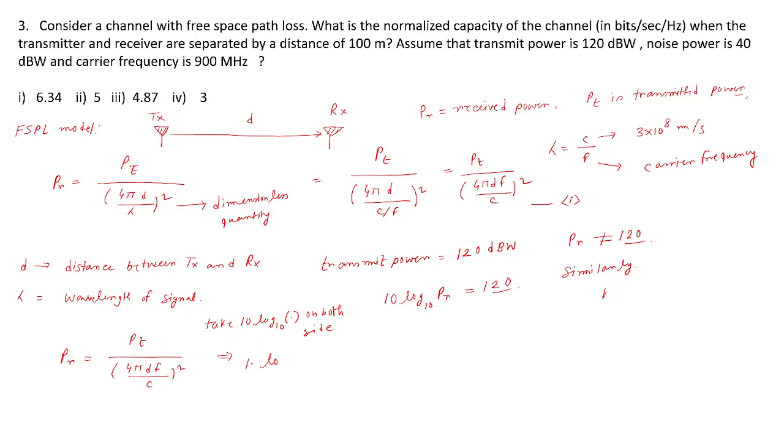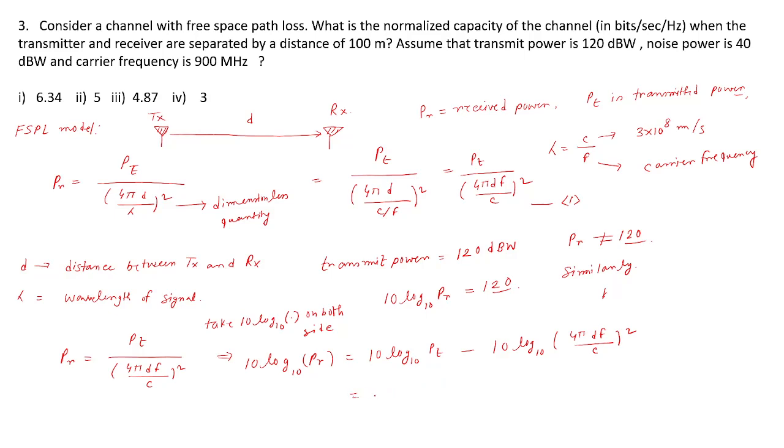That is our goal. 10 log 10 PR, 10 log base 10 PT, minus, because since 4 pi df by c square is in denominator, we obtain 10 log base 10 4 pi df by c square.